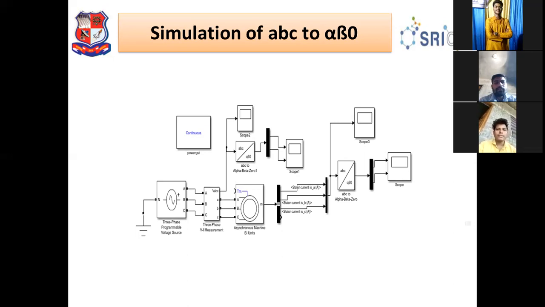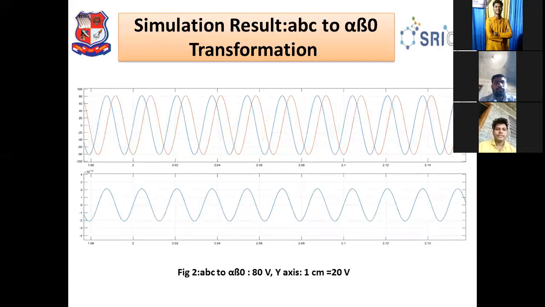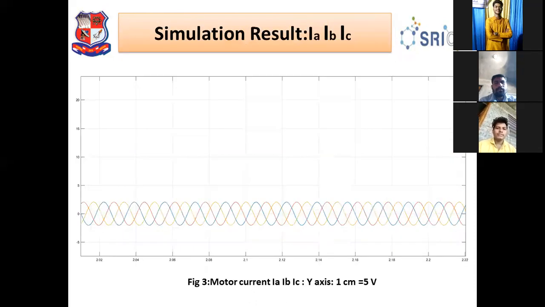This is the voltage source VA, VB, and VC. This is the ABC to alpha beta 0 conversion. First is alpha beta, and the second one is the zero transformation.